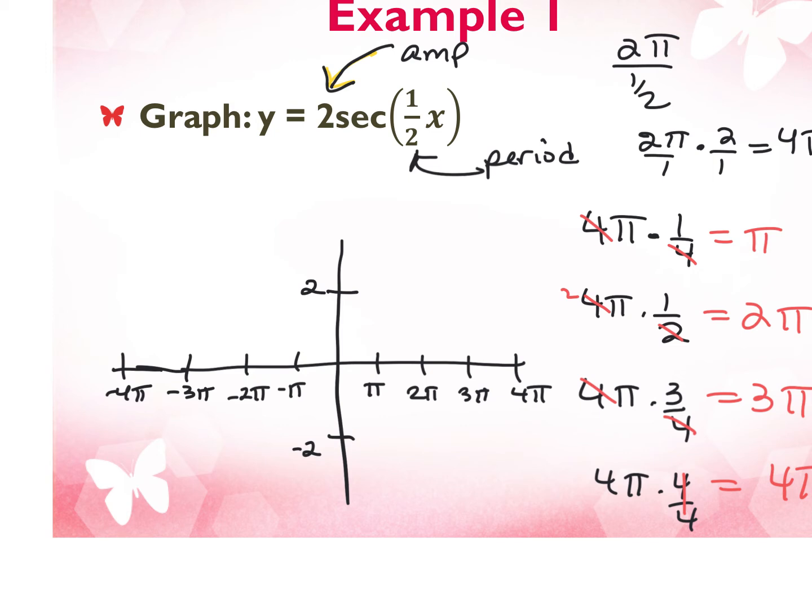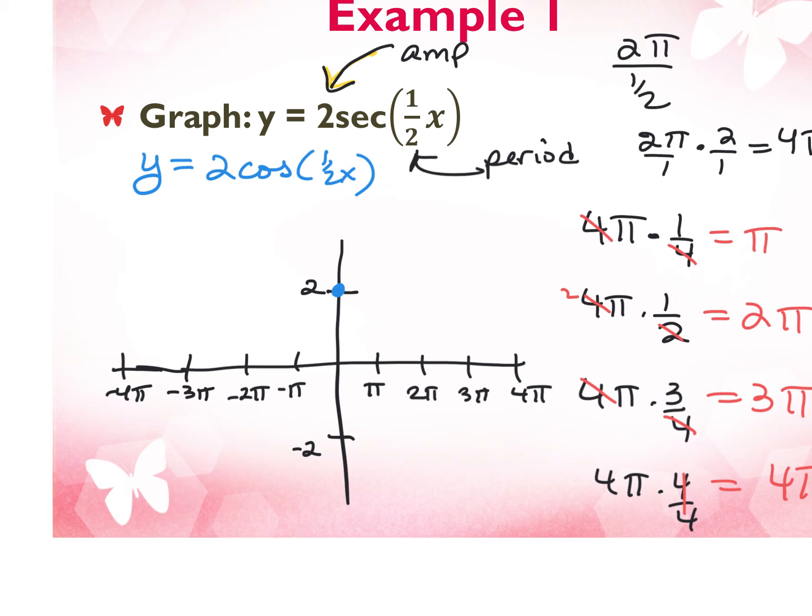Remember, the first graph I'm creating is the cosine graph. So I'm graphing this first in blue, and then I'll go ahead and graph the secant graph in red. So remember, the cosine graph always starts at the amplitude. So I'm going to start it up here on the 2.